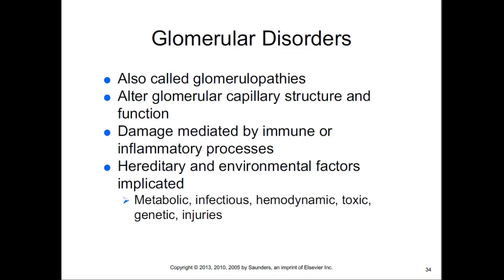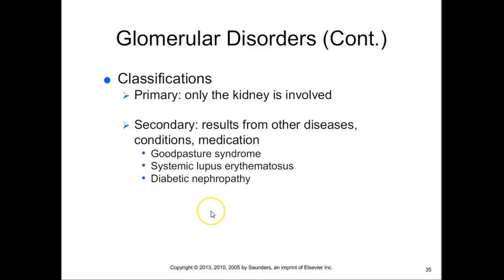Of course, any type of autoimmune disorder could have a hereditary basis. It could also be infectious, metabolic, even hemodynamic, and it could be a result of either toxicity or injury. And again, genetic, which is very common.